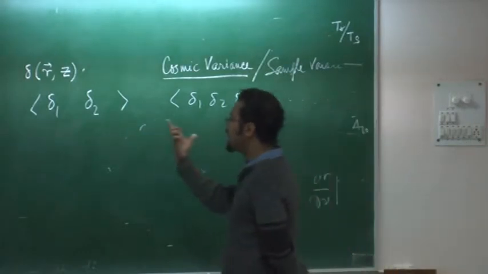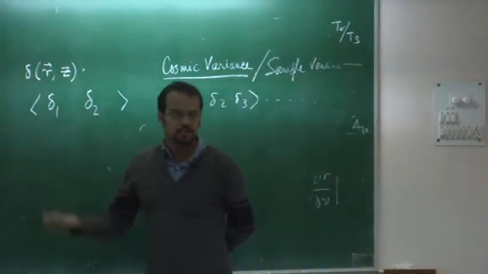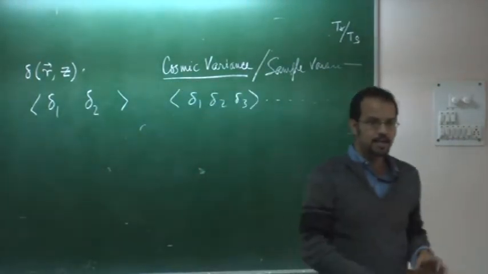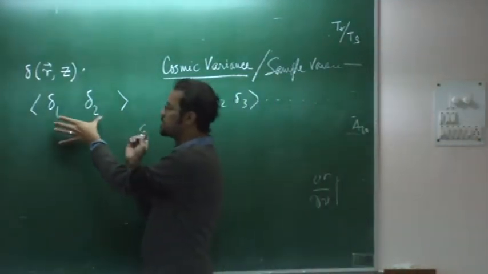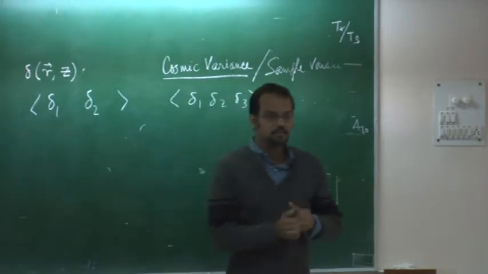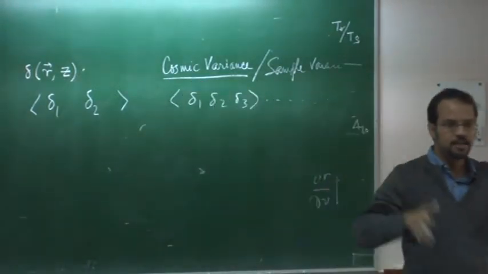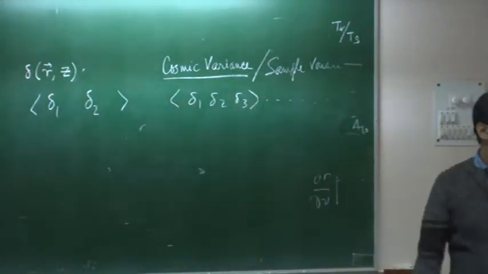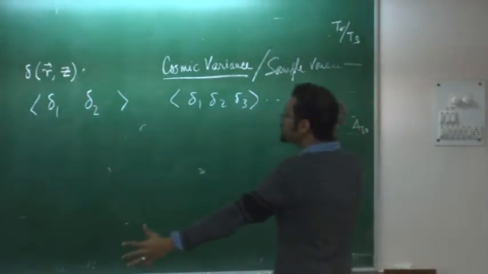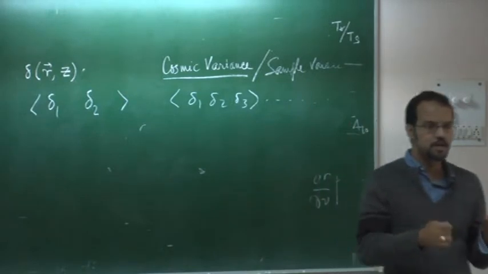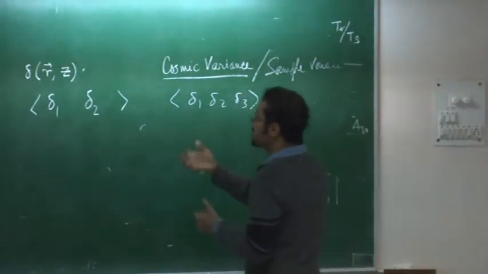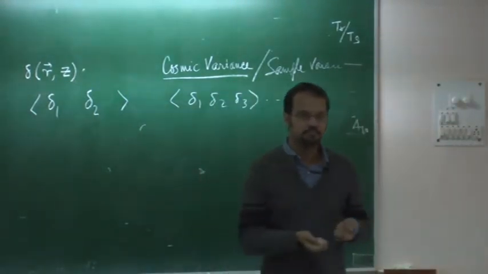So to have a very large number of these, you would have to look at different parts of the sky and average, right? So to have a large number of such pairs, you would probably need a very large volume of the sky, because then you can have many volumes on which you can calculate this and thereby take a good average.